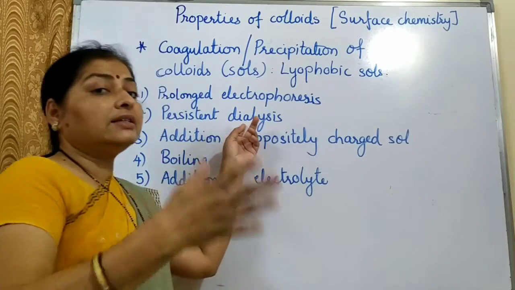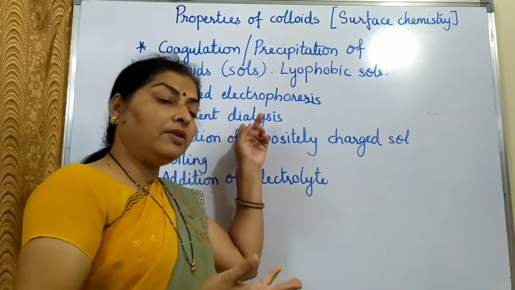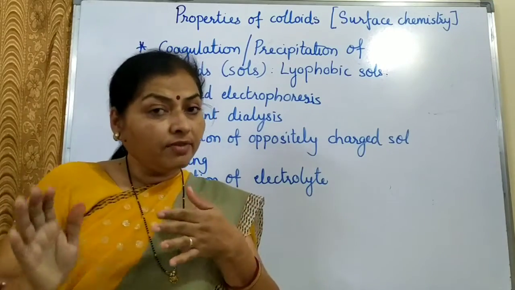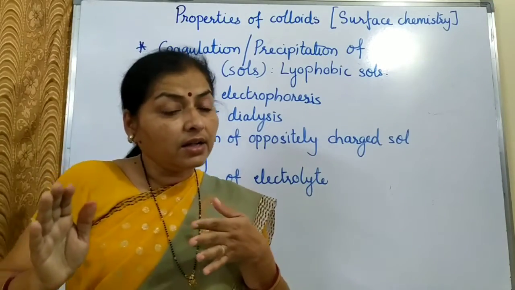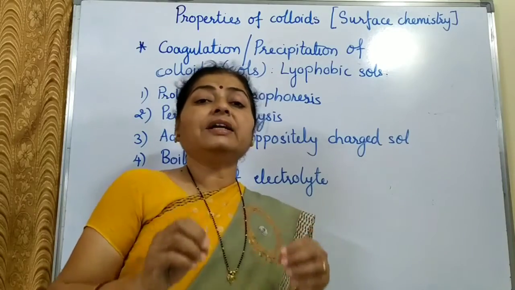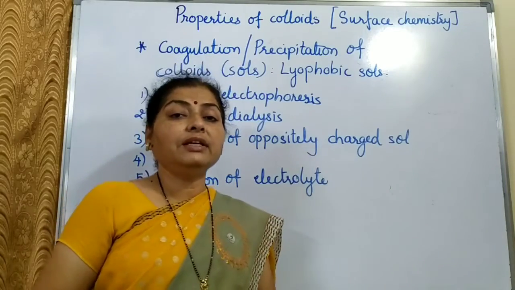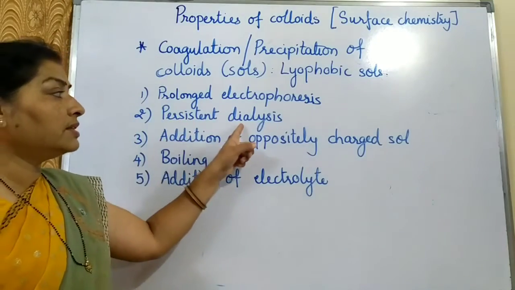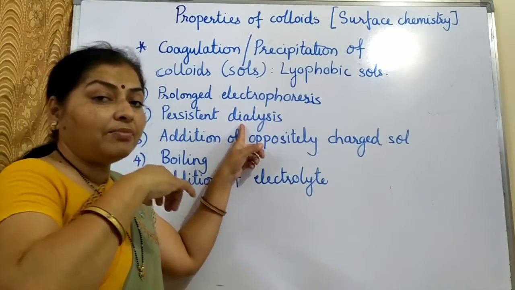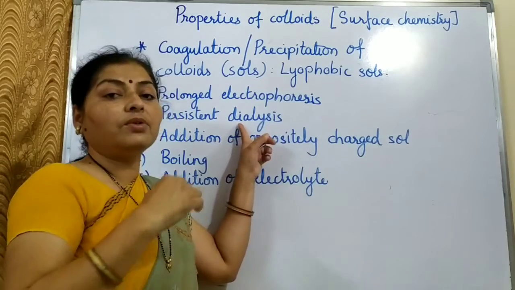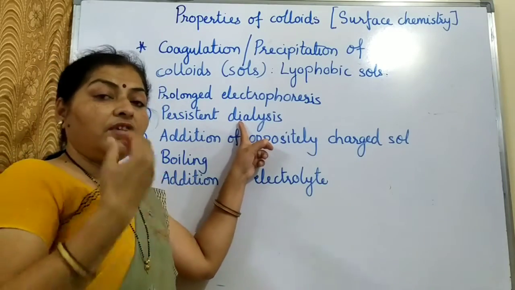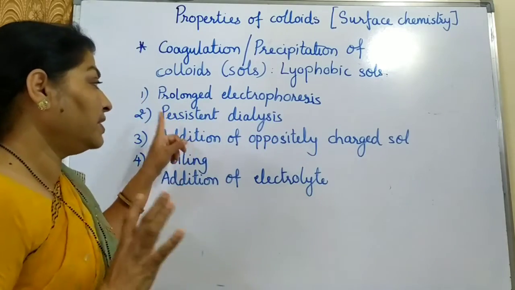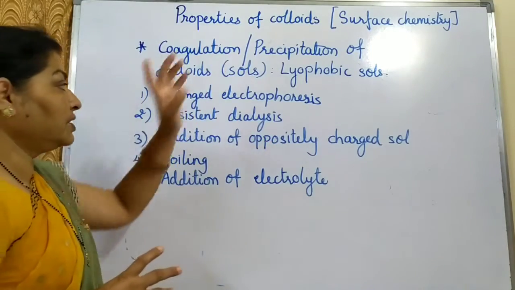But if the dialysis is continued for a longer period of time, what will happen? Along with the dispersion medium, the electrolyte or the charged particles which are necessary for the stability of the colloid will also get removed. So by persistent dialysis, the charge which has got adsorbed on the colloidal particles will be removed. Once charges are removed, the particles will come close to each other and form a precipitate. So this is how precipitation can be done.